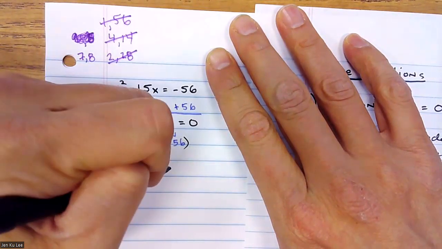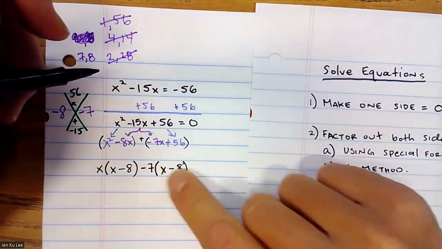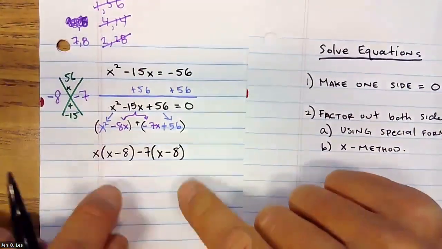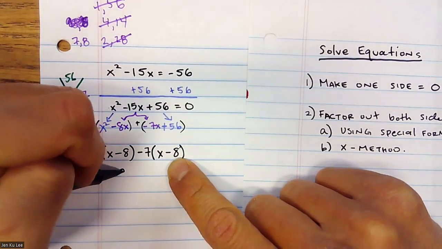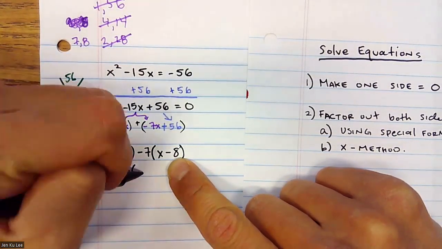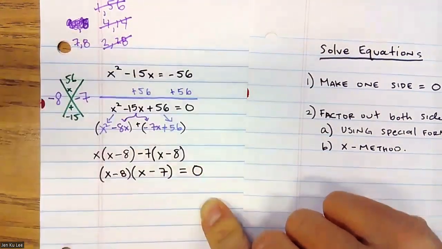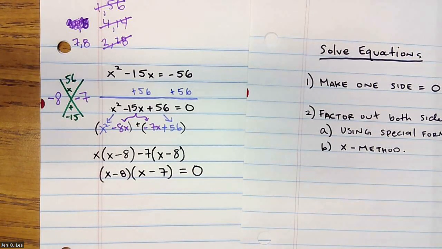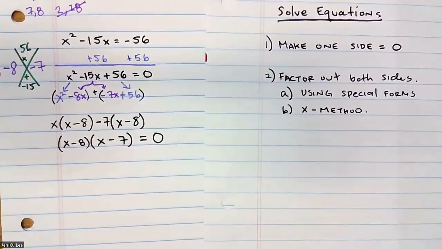So that's x minus 8. Now, since I pulled out the negative, this positive turns into a negative. So I have x minus 8 times x minus 7 equals 0. Don't forget the equal 0 part. So we factored it out using the X method. We're good with that.